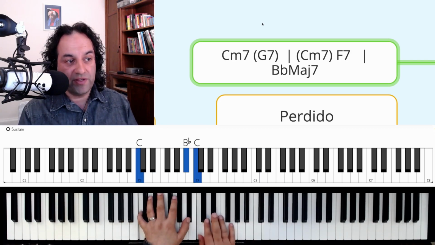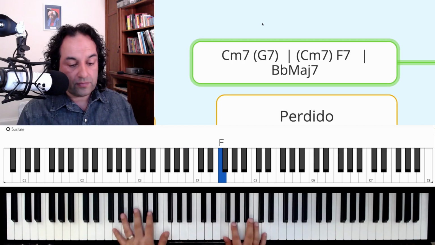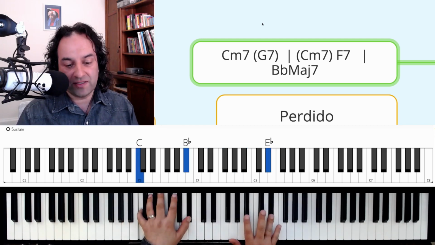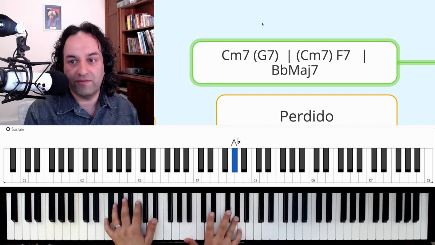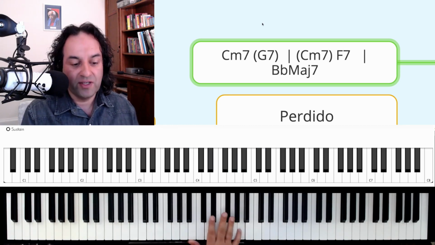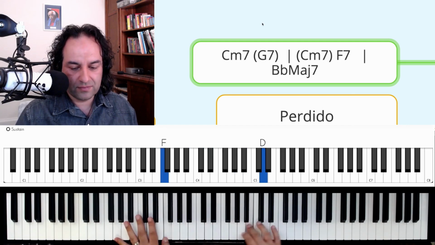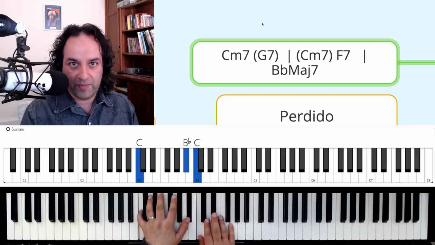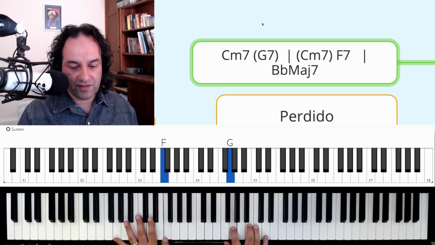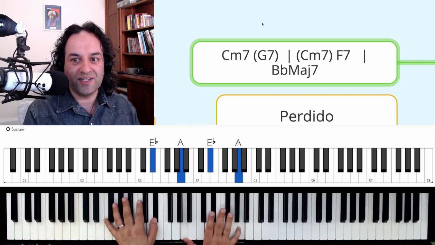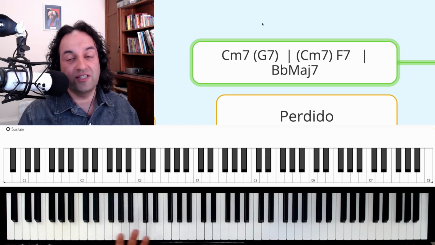We're going up the B flat major again, up a G7 chord, and then C minor 7 to some sort of F7. I don't remember if that's exactly how I did the last bit, but the first bit was definitely the same. B flat major, G7, C minor 7, F7. Okay, so these are just a few ideas that can go even further.